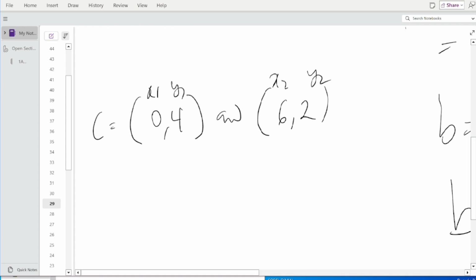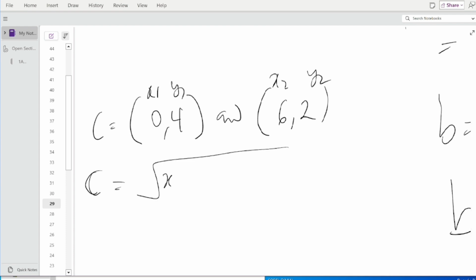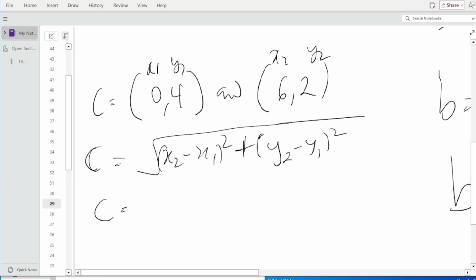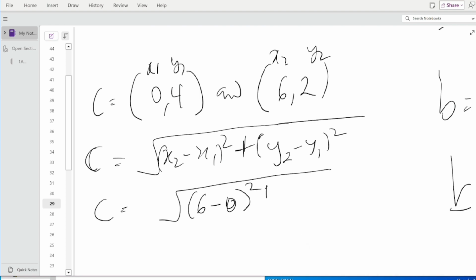The formula says the distance of C is the square root of x2 minus x1 all squared plus y2 minus y1 all squared. So we take our x2 to be 6 and our x1 to be 0, so 6 minus 0 squared, plus our y2 is 2 and our y1 is 4, so 2 minus 4 all squared.